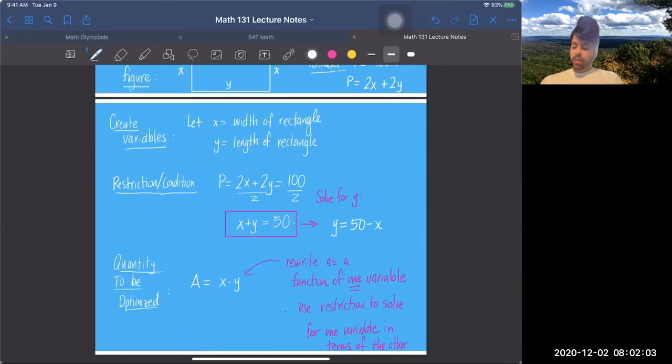Because now look what I can do. I can plug the 50 minus x into y. And now look what happens. I get that the area is equal to x multiplied by 50 minus x. And look what I just did. I rewrote my quantity area as a function of only x.